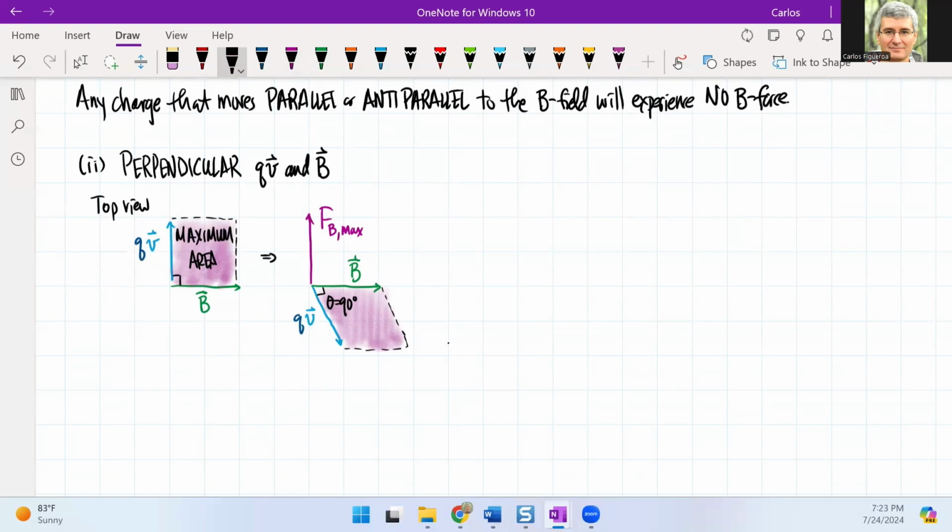So in other words, the magnetic force is maximum when I have Q, V, and B when this quantity is sine of 90 degrees. That's when I'm going to get maximum force.